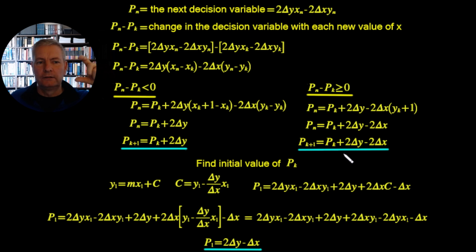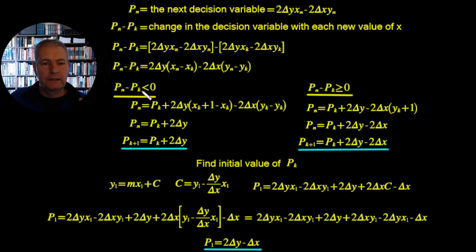We subtract d2 from d1 and check whether the value is greater than or equal to 0, or less than 0. If the value is less than 0, we know we're going to choose the bottom block. If the value is greater than 0, then the y value is going to increase and we choose the top block. So those are the two options that we have here.